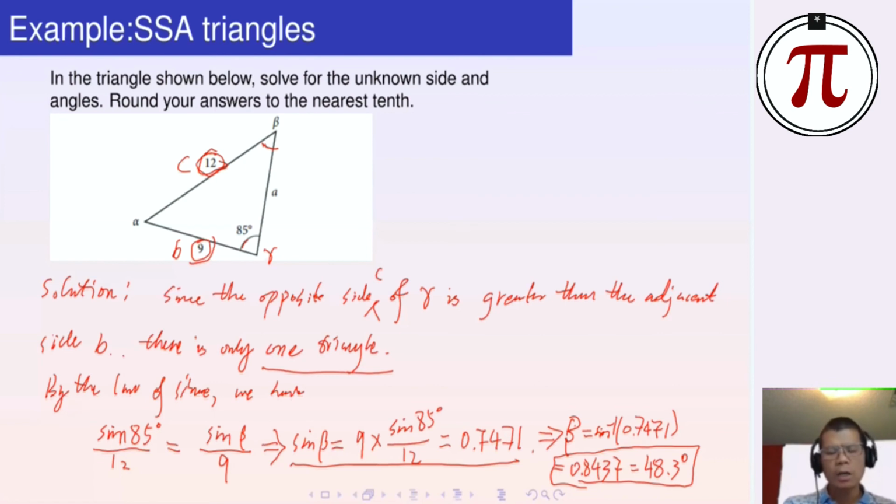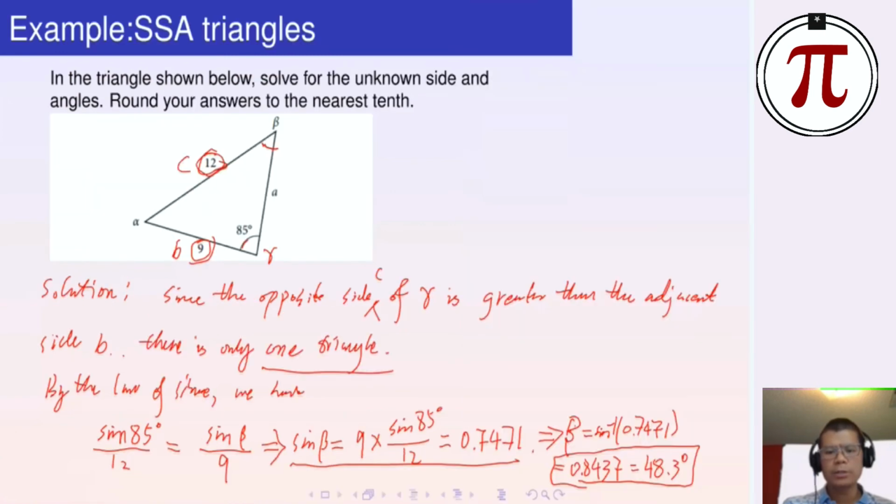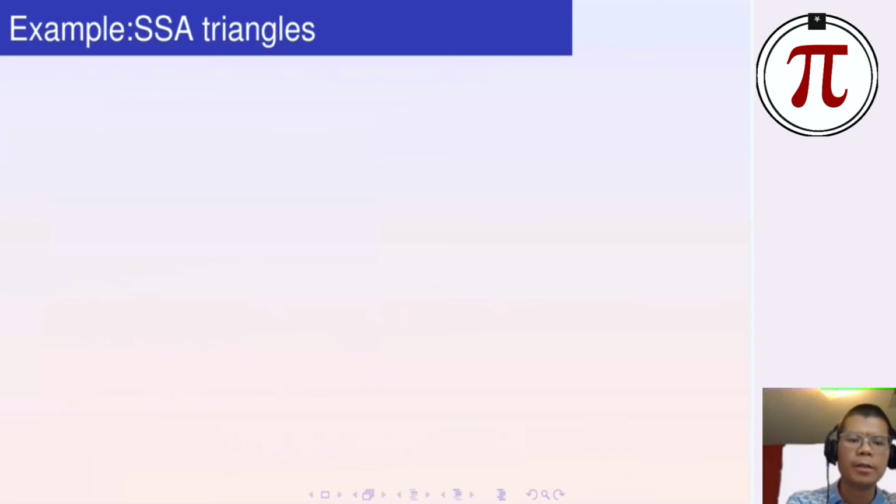So then beta equals this one, and this is the only triangle. After we find beta, what is the value of alpha? 180 minus 80 minus 85. So alpha equals 180 degrees minus 85 degrees minus 48.3.